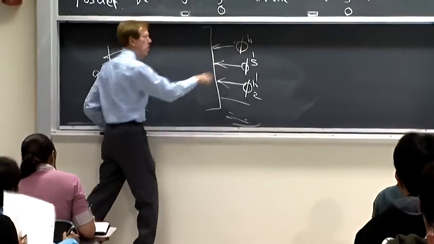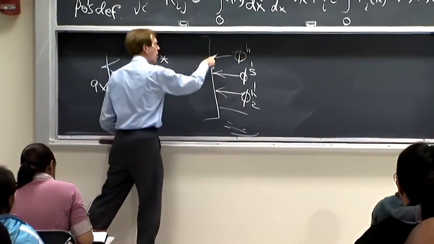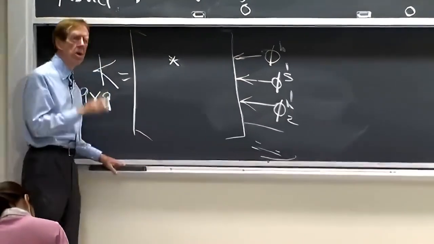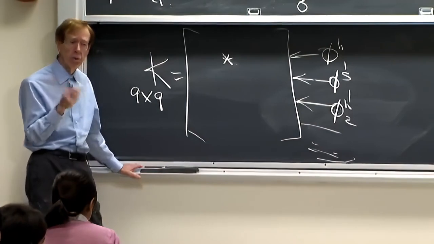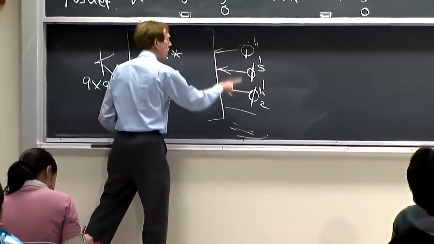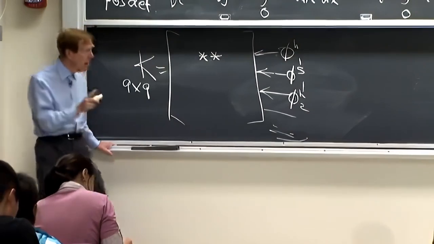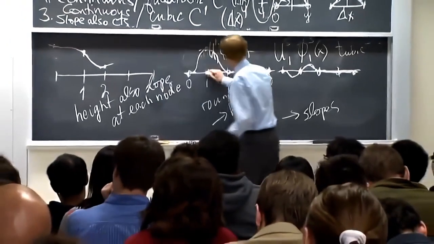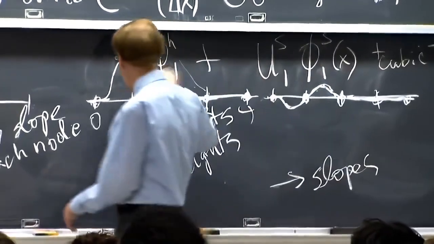Phi 1 height, it certainly overlaps itself. Does phi 1 height overlap phi 1 slope? Yes or no? Sure. Does phi 1 height overlap phi 2 height? Yes, because the phi 2 height will go up like that. You see? And the phi 2 slope.